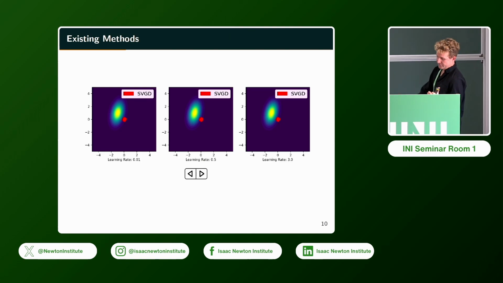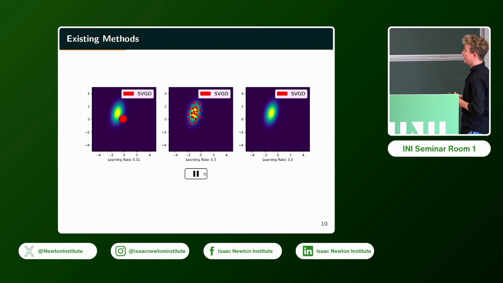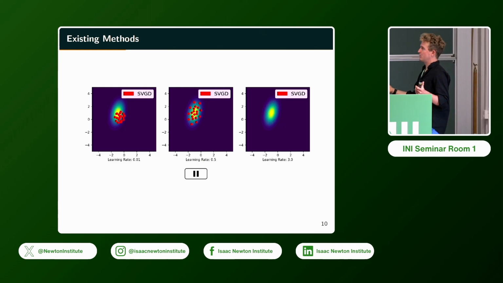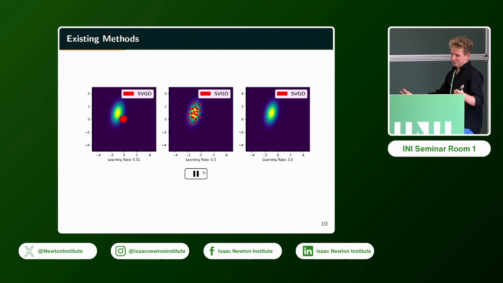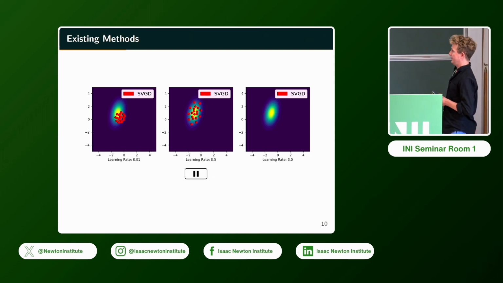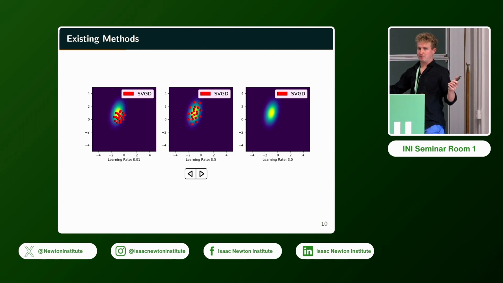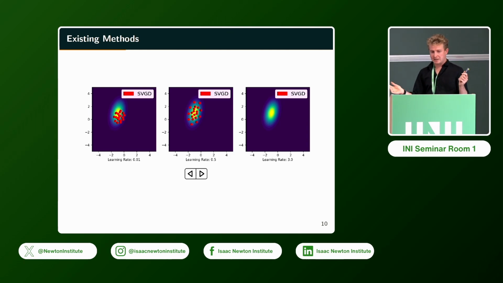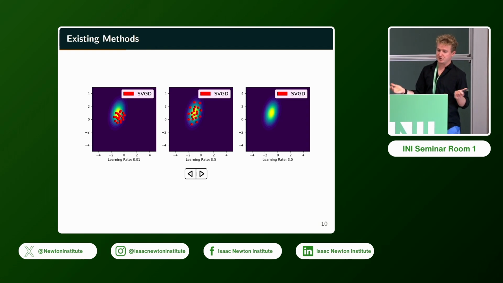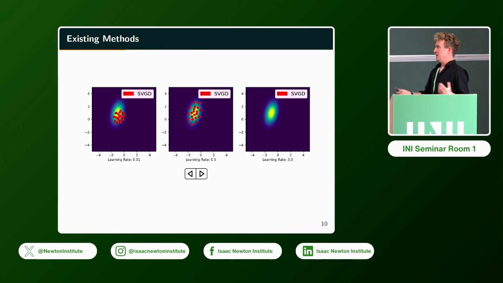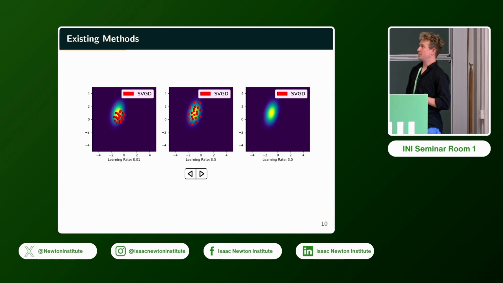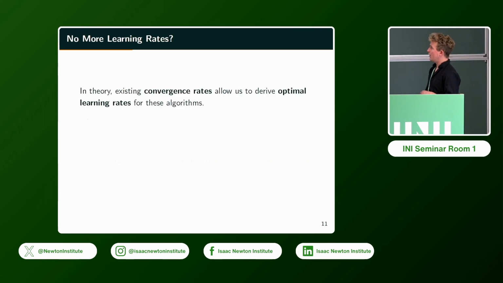And you can see essentially what you would expect, which is that the choice of step size or learning rate has a very significant impact on the convergence properties of your method. If you set your learning rate too small, you're waiting for a really long time. If you go too big, the whole algorithm explodes and you don't get anything sensible. And if you set this just right, you get good samples and you get them in reasonable time. But clearly this hyperparameter has an outsized impact on how well your sampling algorithm is going to perform.